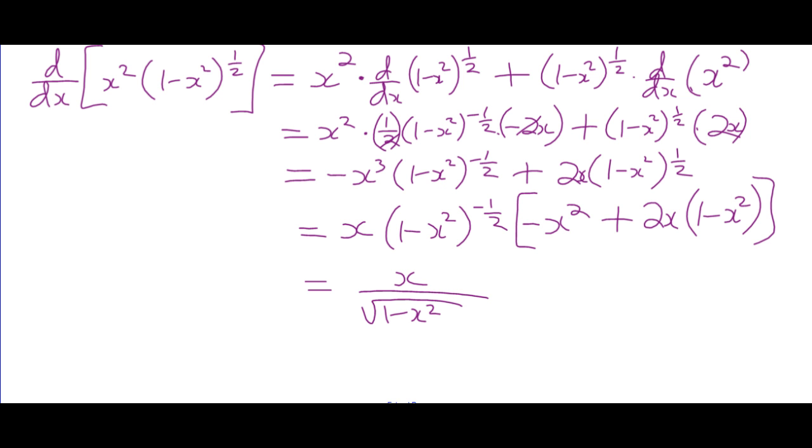Because that's what that is. Okay, what do we got here? Negative x squared plus 2x minus 2x cubed. All right, so I could take an x out of there, right? Take an x out of here. Maybe we take a negative x out of there. I'm thinking take a negative x.